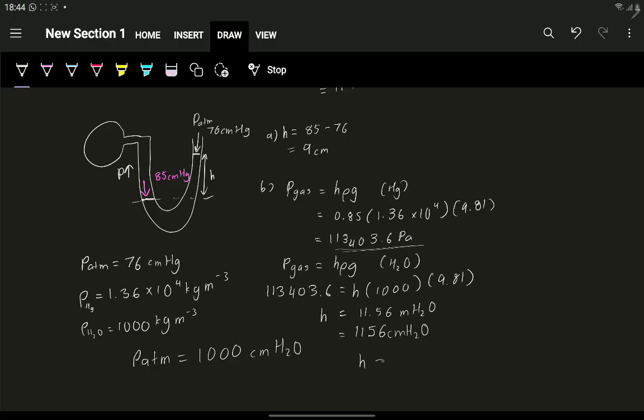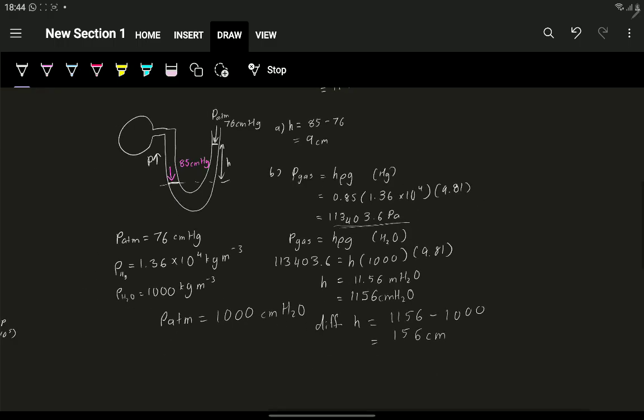The difference in h, 1156 minus 1000, equals 156 cm. So therefore, the h will increase when the mercury is replaced by water.